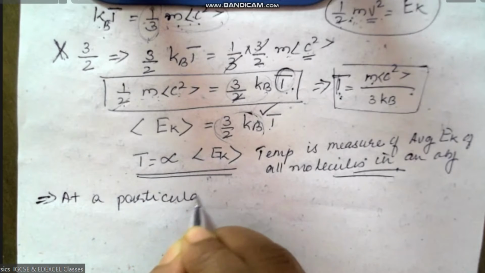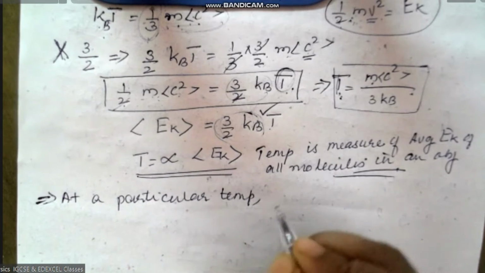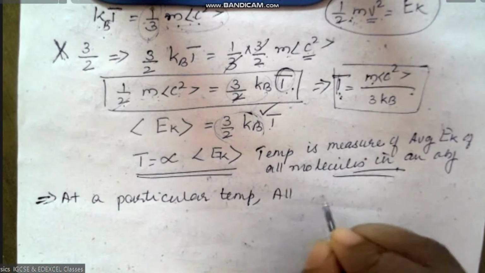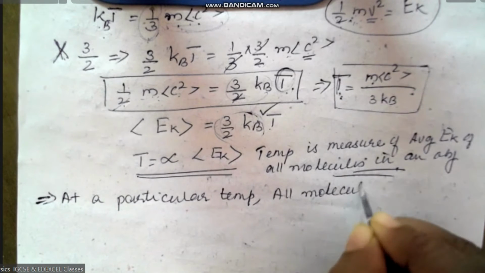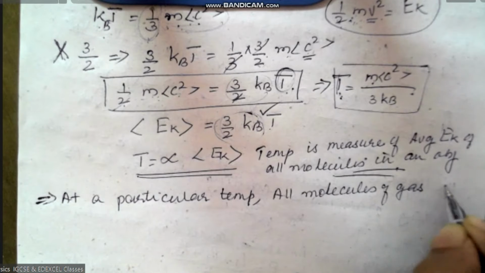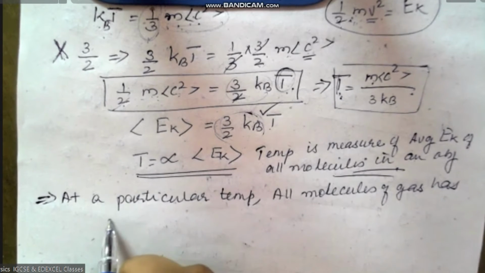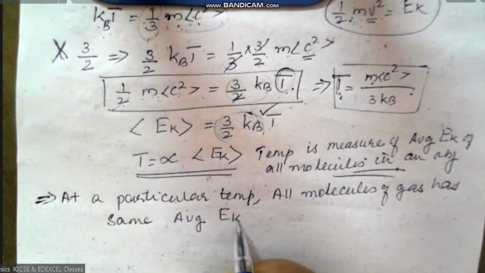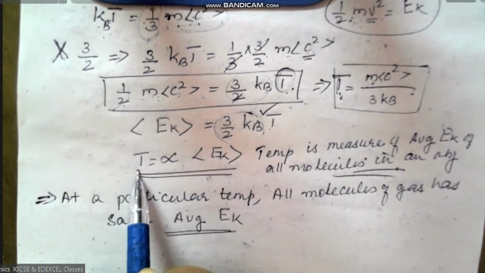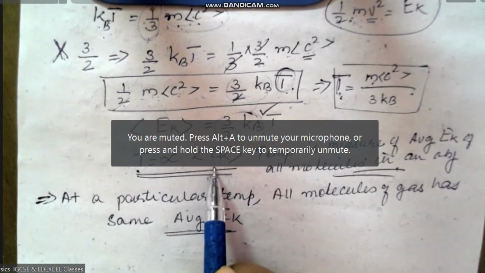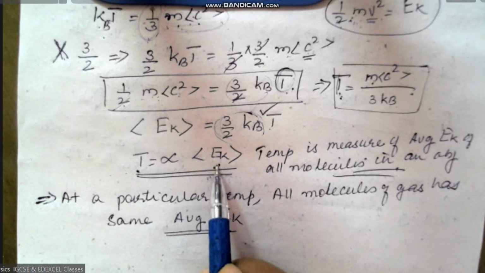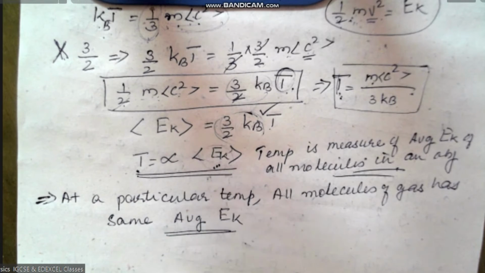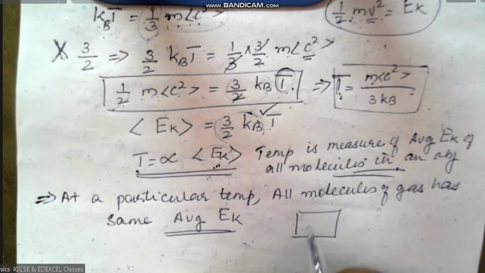Many a time in multiple choice they give: at a particular temperature, all molecules of a gas have the same average kinetic energy. At a particular temperature, all molecules have the same average kinetic energy.